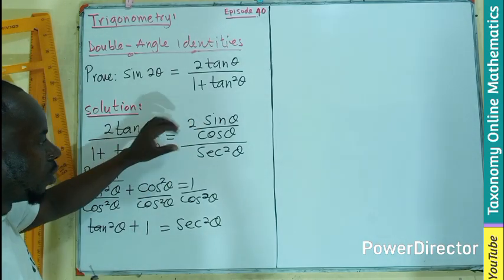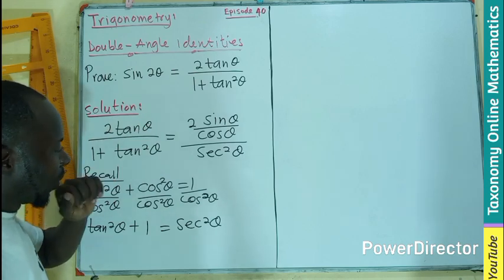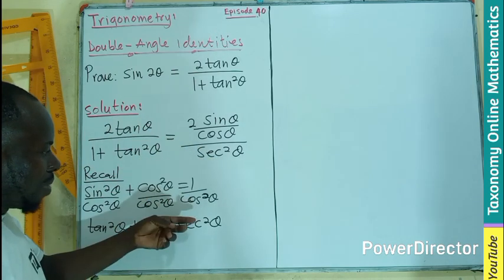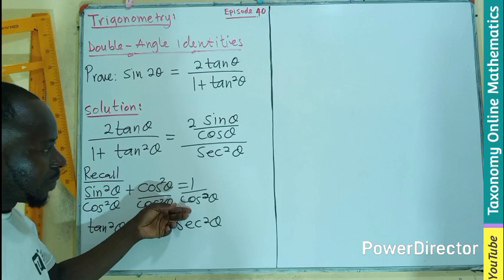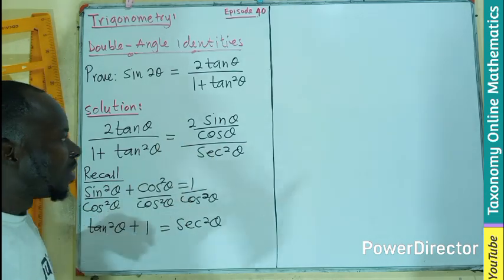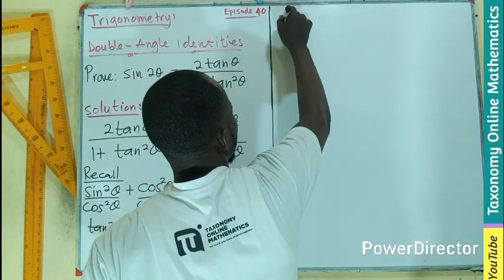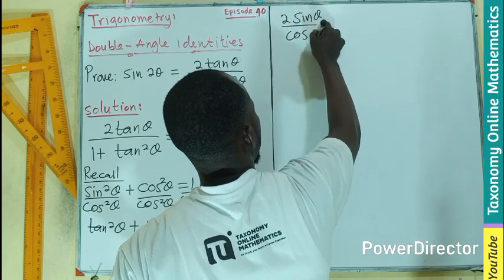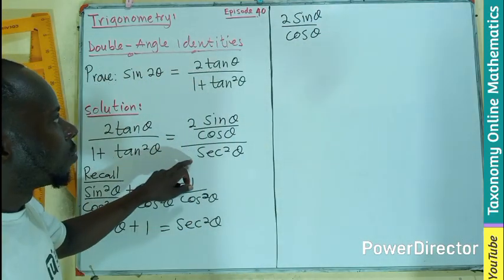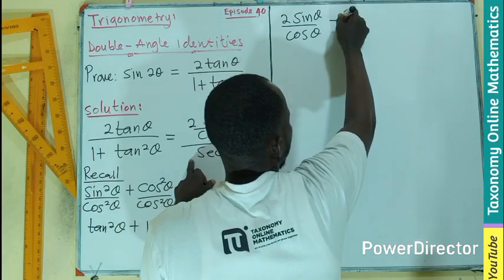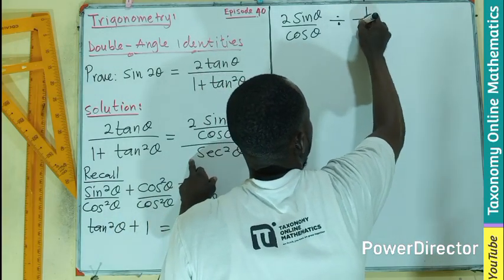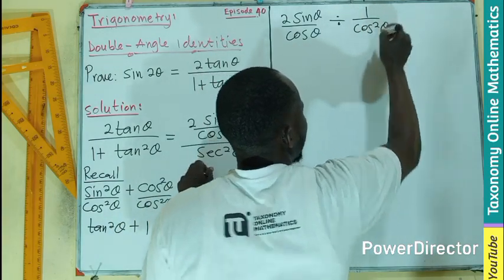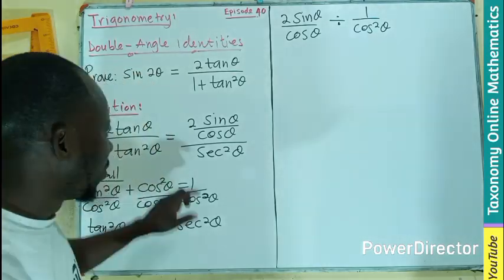We are having double division here, so we can rewrite this back to its inverse. This very one back to its inverse. So I should be having 2 sine theta over cos theta, divided by 1 over cos square what? Theta. This is double division.